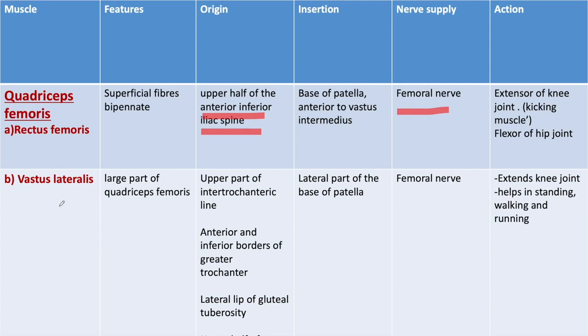Next is vastus lateralis. This is the larger part of the quadriceps femoris. Its origin is from the upper part of the intertrochanteric line, the anterior and inferior border of the greater trochanter, and the lateral lip of the gluteal tuberosity.